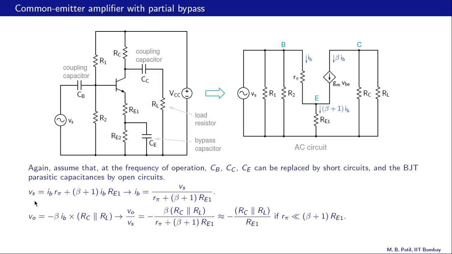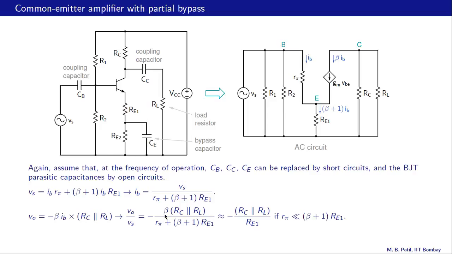And now we can take the ratio of these two quantities to get the gain. VO over Vs is minus beta RC parallel RL divided by all of that, R pi plus beta plus 1 times RE1. Now in many situations, this magnified RE1, magnified by a factor of beta plus 1, would generally be larger than R pi, and in that case we can ignore this R pi.